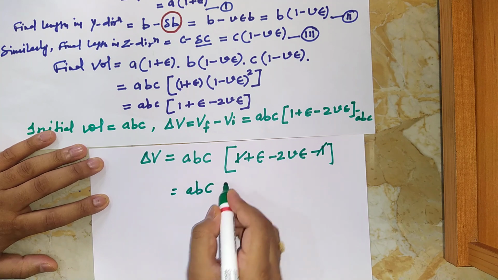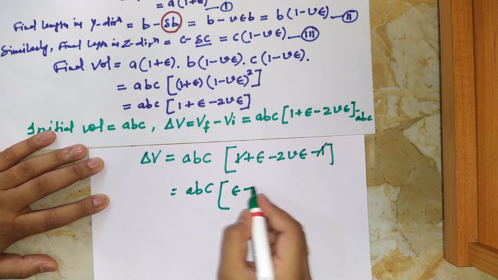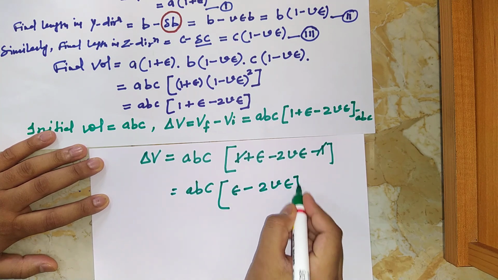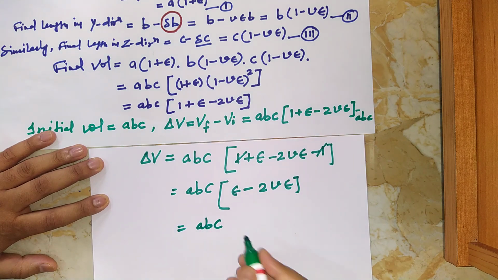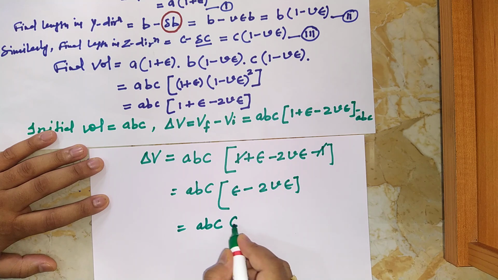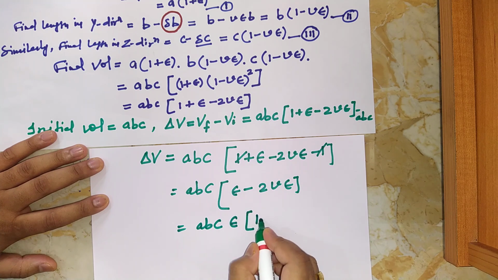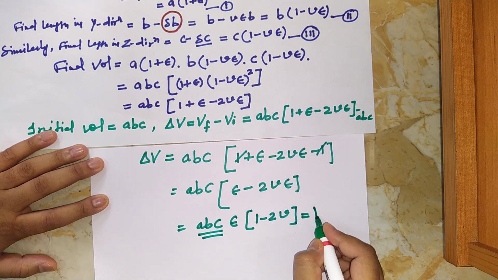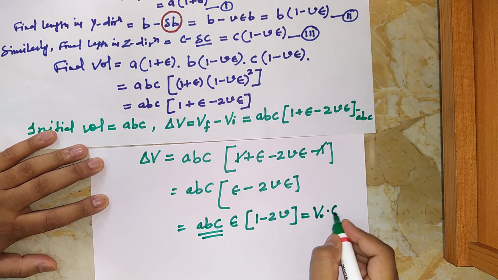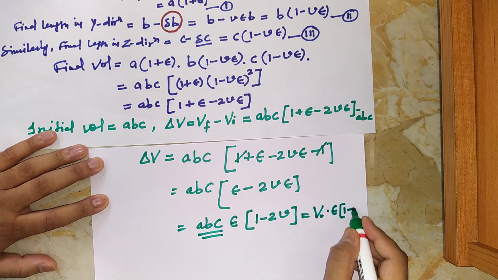So we'll take ABC (epsilon minus 2 nu epsilon). We can take epsilon also out now. See, we're going step by step to avoid any confusion at a later stage. So 1 minus 2 nu. ABC, as we know, is the initial volume. So we can write V naught into epsilon into (1 minus 2 nu).